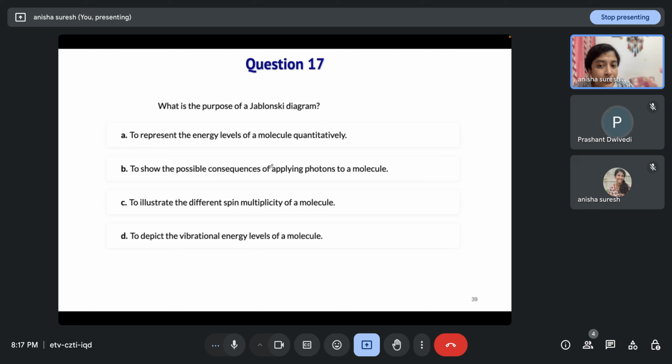It is to show the possible consequences of applying photons to a molecule. We are irradiating, giving photons and exciting the electrons. So whatever photophysical processes are taking place, we are illustrating using the Jablonski diagram, right? So option B is the right answer.